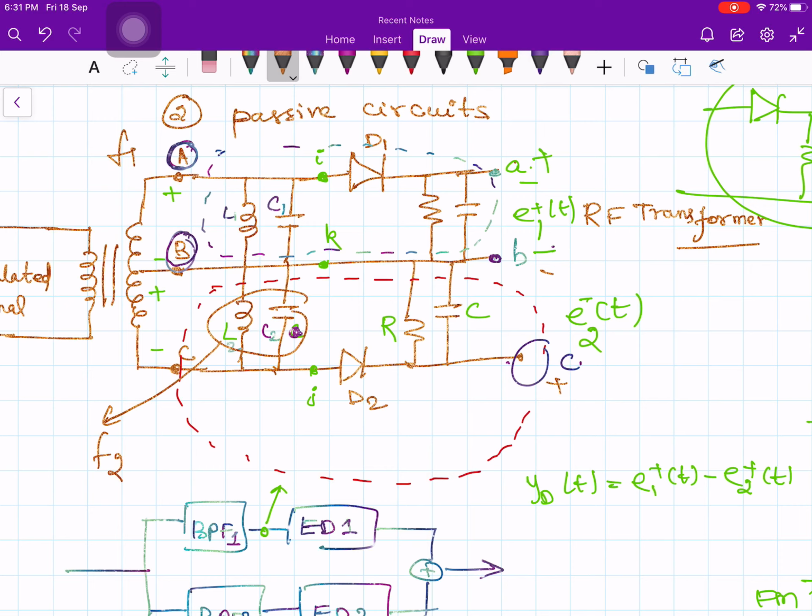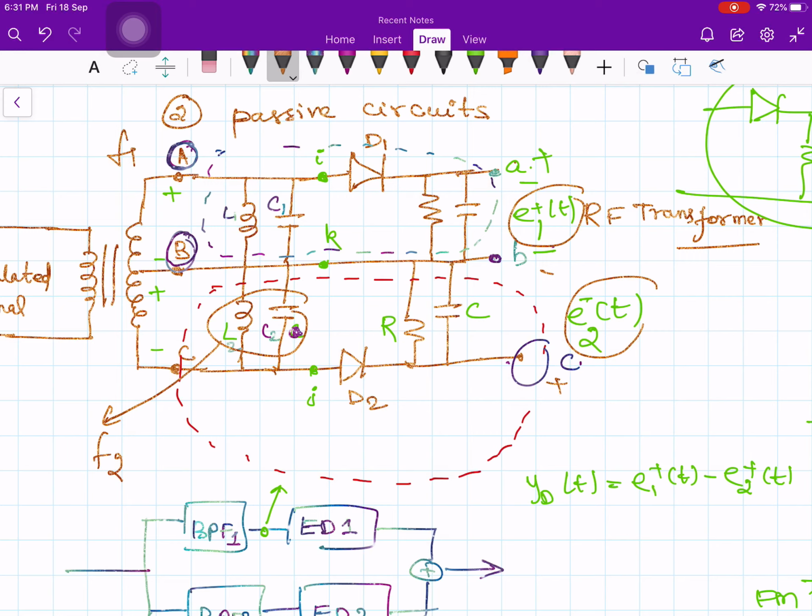So this E1 plus of t and this E2 minus of t are added at the output. The envelopes are different because the two band pass filters are different. So what you get is E1 plus of t minus E2 minus of t.